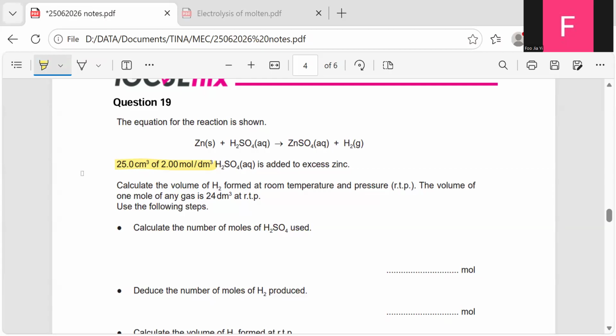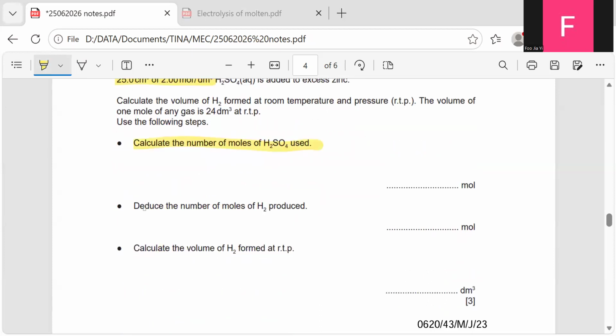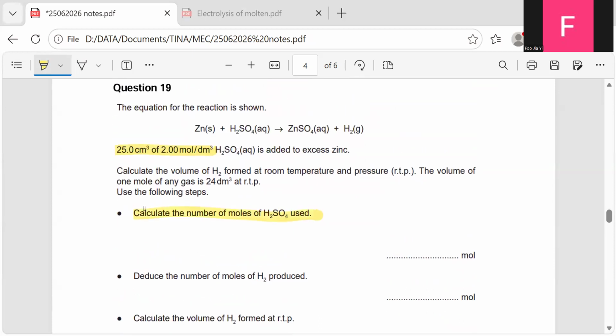You look at this one. For the last one, yes. Not for the second one, for the last one. Second one, use ratio.